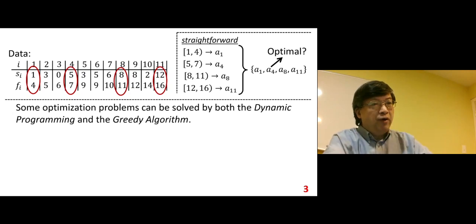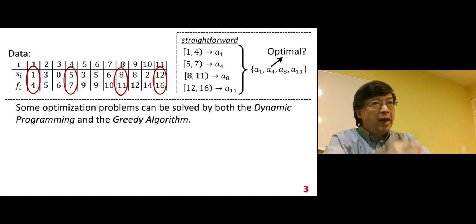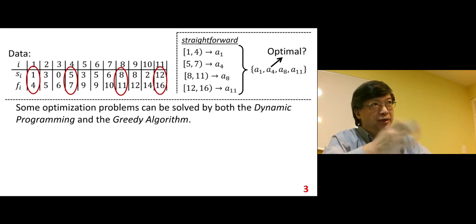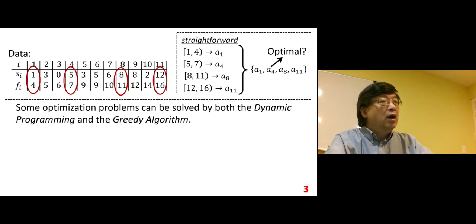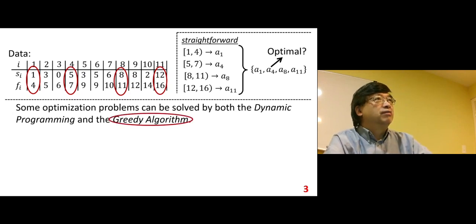I said this before. Some optimization problems can be solved by both dynamic programming and the greedy algorithm. When you have that situation, try the greedy algorithm first.